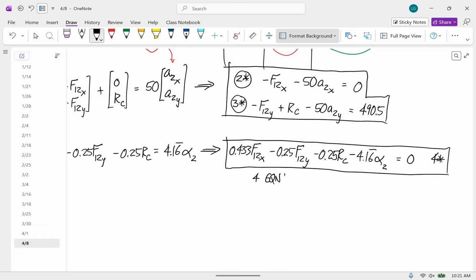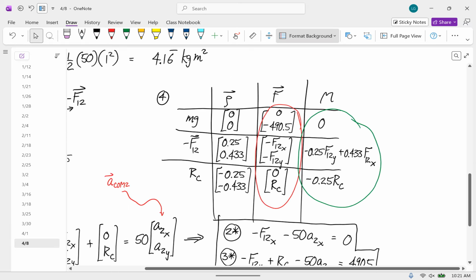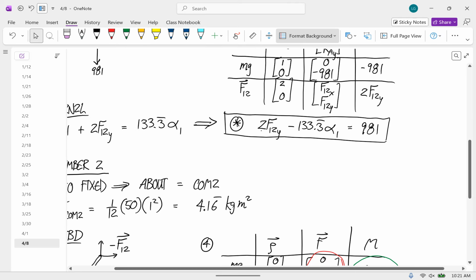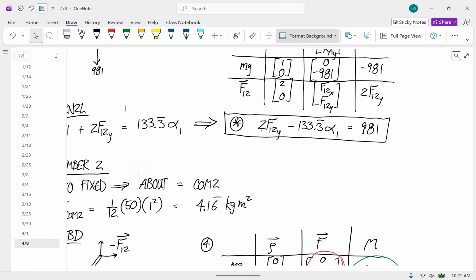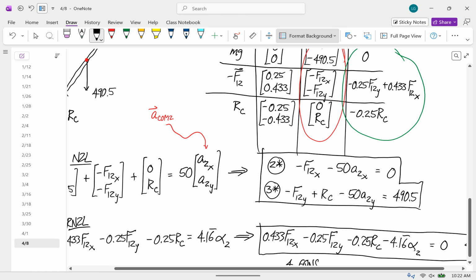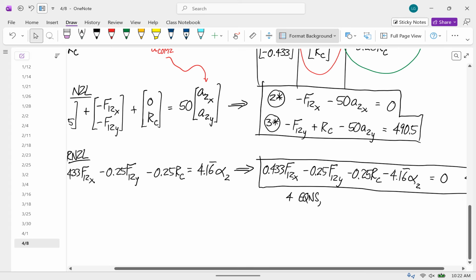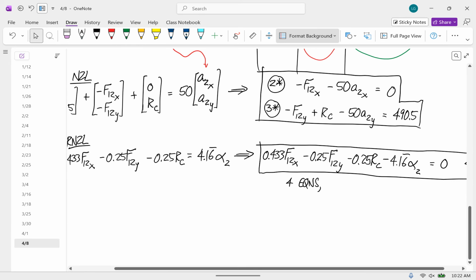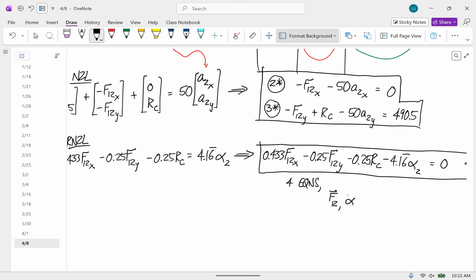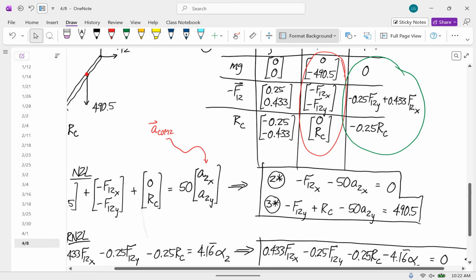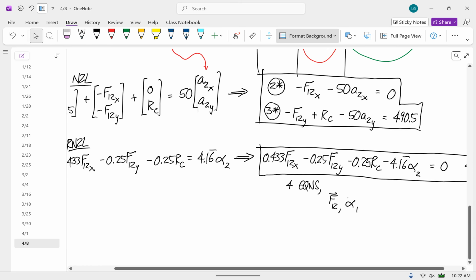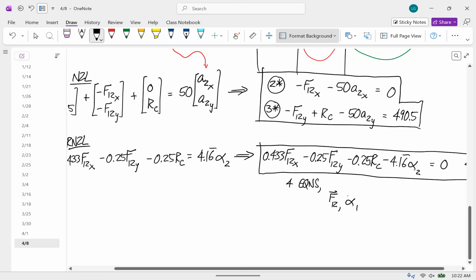Okay, so we have 4 equations now. Let's see how many variables we have. So we have F12Y and alpha 1. Here we also get F12X. So I'm going to just start writing them down. We have F12, X and Y. We have alpha 1. We have RC.